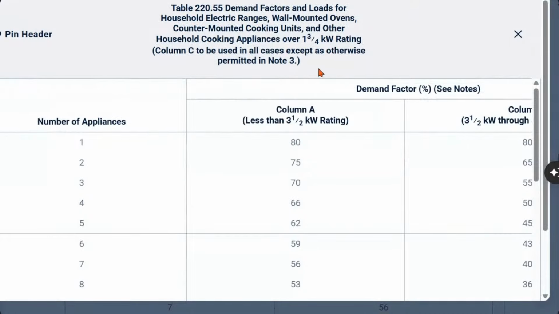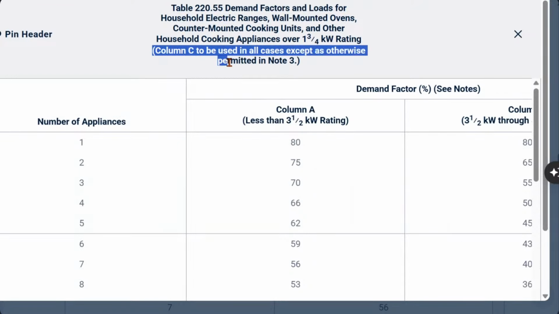Here's the table. Now, notice what it says at this table, real quickly. It says right here in parentheses, column C is to be used in all cases except as otherwise permitted in note 3.